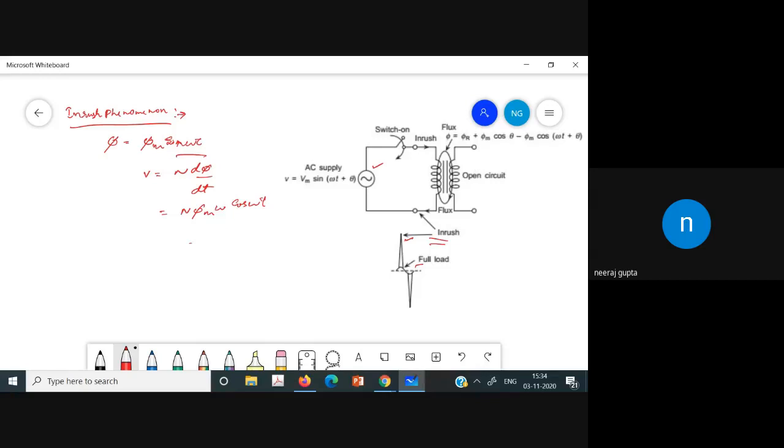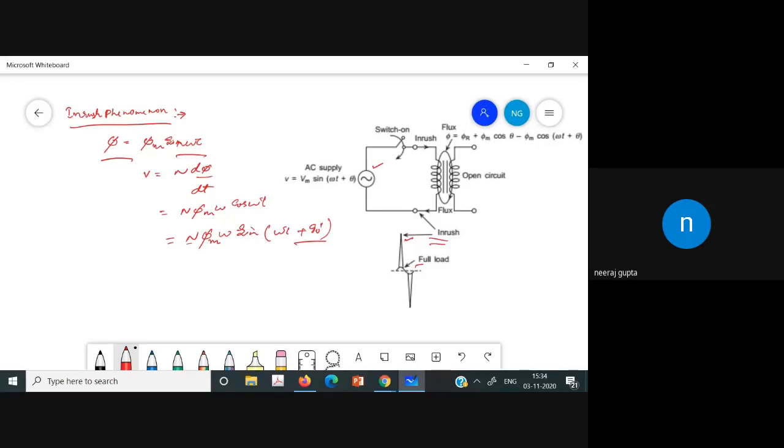Differentiating it, we finally get N phi m omega sine of omega t plus 90 degrees. Now from this you will see the applied voltage is equal to the induced voltage, and the flux in the transformer lags the applied voltage by an angle of 90 degrees.